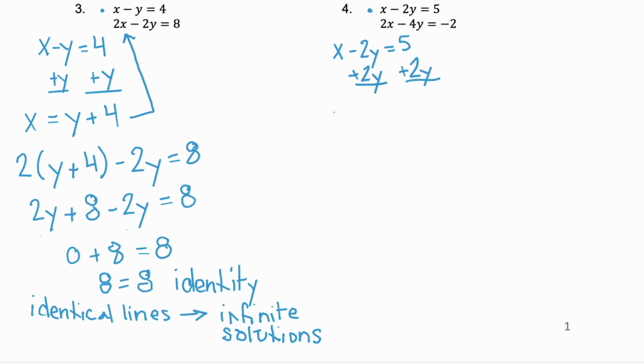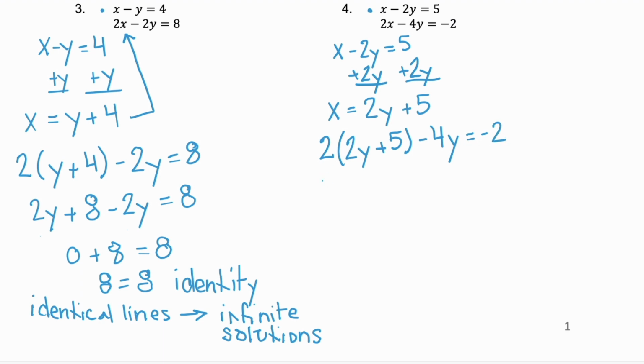So that would solve to x equals 2y plus 5. So now we can substitute this expression for x into our second equation, which would give us 2 times that 2y plus 5 minus 4y equals -2.